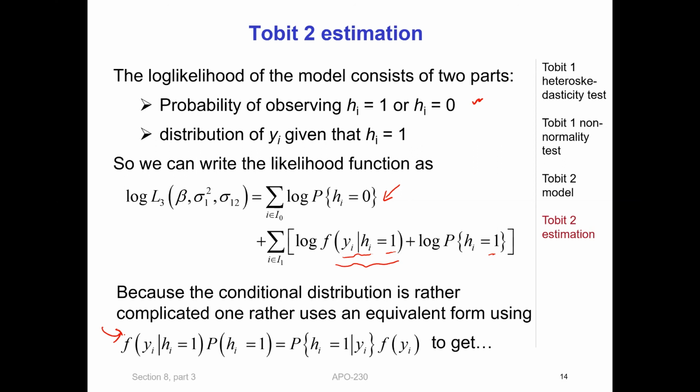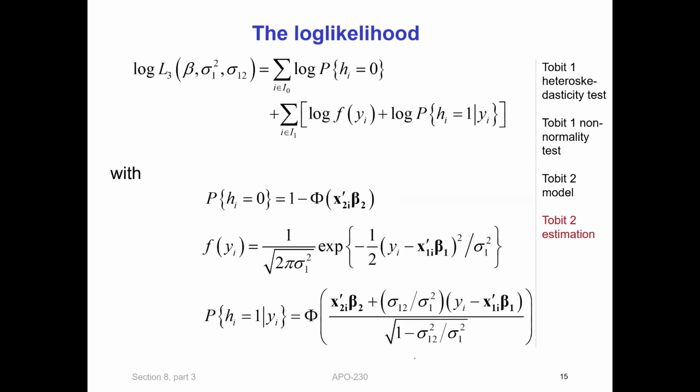So rather, we have the conditional density of yi upon hi equals 1 times the probability that hi equals 1 will be identical to the probability that hi is 1 conditional on yi times the density of yi. And substituted in here, we have officially the form of the log-likelihood function of the Tobit-2 model.